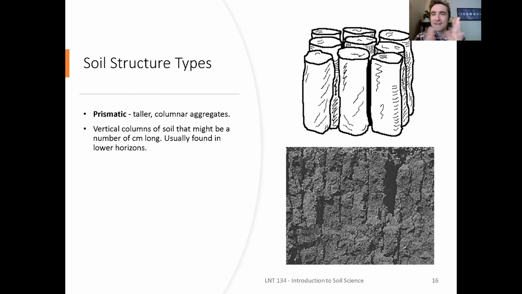So they've got sides and they're kind of angular. Usually this would be found down in the subsoil layers, lower horizons, but it is pretty distinct and easy to find when you've got it. And you can imagine that has an impact on how things flow, especially vertically, if you've got gaps that are going up and down in the soil column.